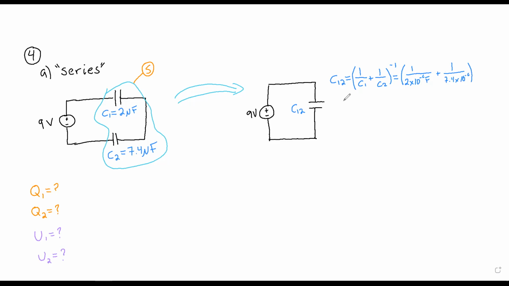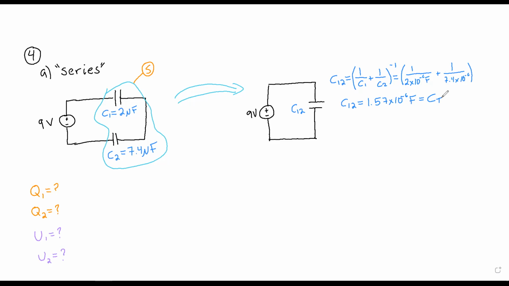And so capacitor 1,2, which is actually the total capacitance, would be, what value did you guys get? 1.576 times 10 to the minus 6. So rounded, it would be 1.57 times 10 to the minus 6. And this is going to be the total capacitance of the circuit.